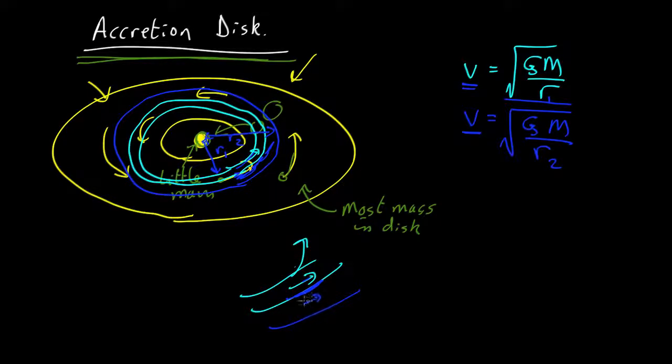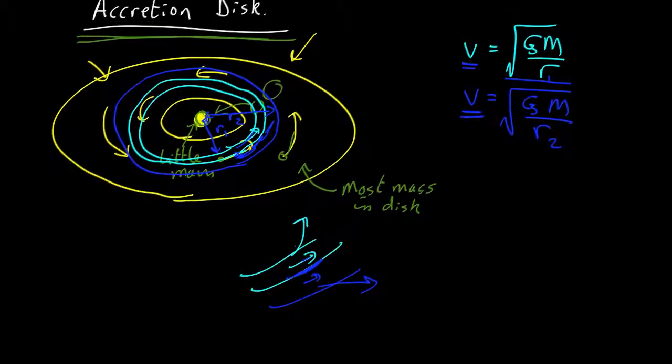Likewise, the stuff further out has friction from something moving fast near it, and that's going to try and drag it along and make it go faster, so its velocity will go larger. Now the centrifugal force will overcome gravity, so it will start moving out.